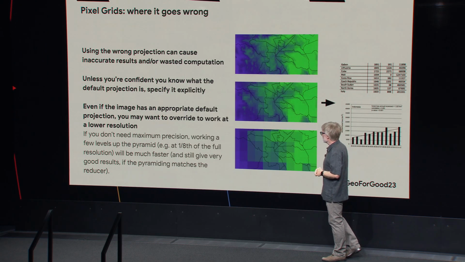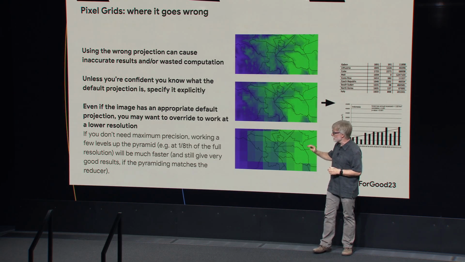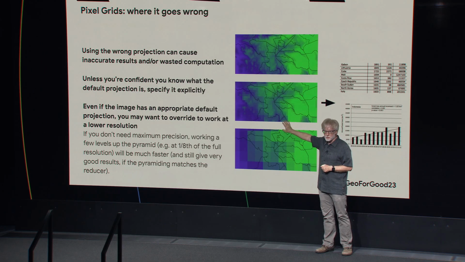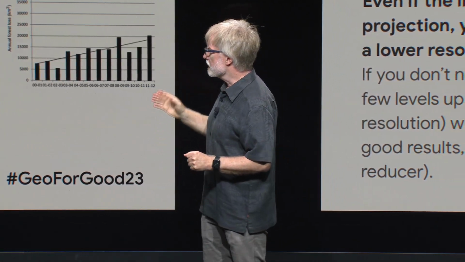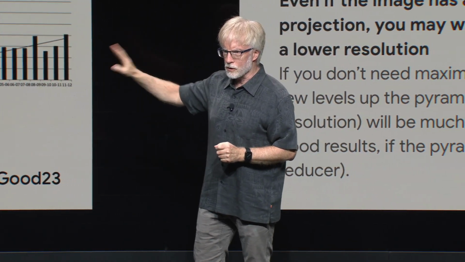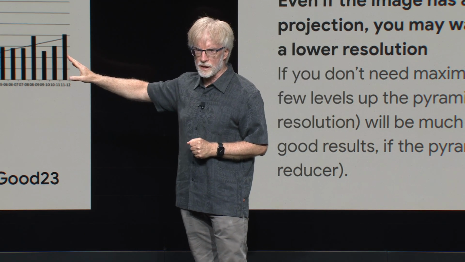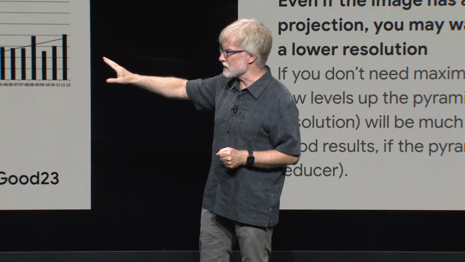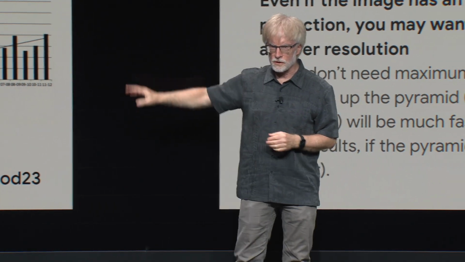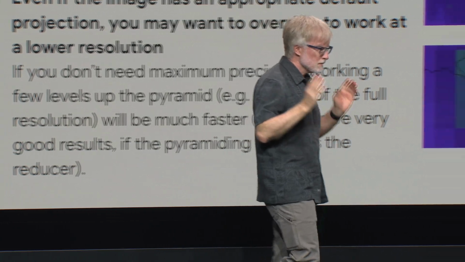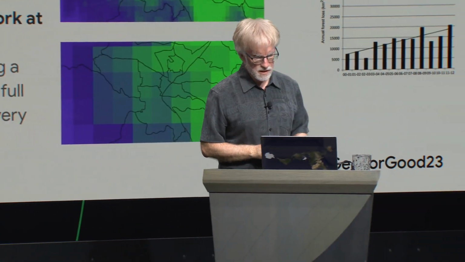It's less common but possible to end up with a completely inappropriate projection as well. The most common version of that is you end up with a UTM zone that isn't right, and you're more than 5 or 10 degrees away from the proper region for that UTM zone. Then all the pixel math goes bad, and even at a low resolution, you'll end up with garbage. So pay attention to those projections. Think about which one's appropriate.